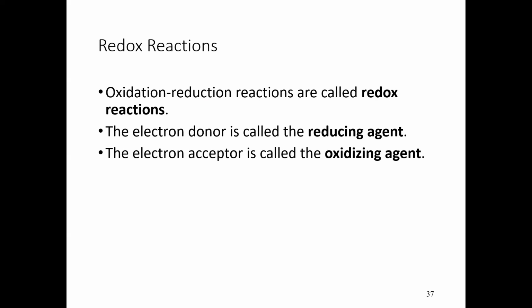That makes it the reducing agent. This is chemist talk now. The substance that accepts the electrons is the oxidizing agent. Oxygen is nearly always the oxidizing agent. It's an easy way to remember that, because we can't burn something without oxygen.